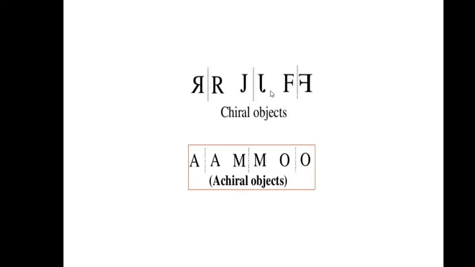So these alphabets are examples of chiral alphabets, whereas for A, M, O, the alphabets and corresponding mirror images on this left side are superimposable on each other. These alphabets can be considered achiral alphabets.